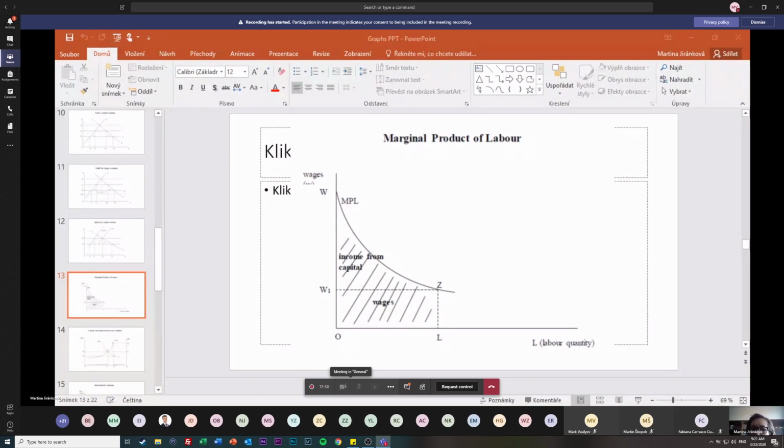In this economy we have OL workers, about 1,000 workers, and these workers have the wage OW1, because the coordinates of the point Z are OL and OW1.